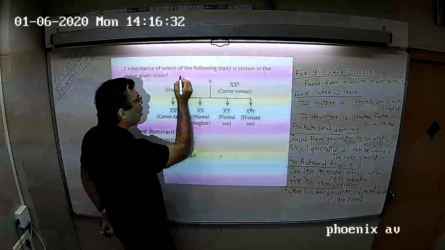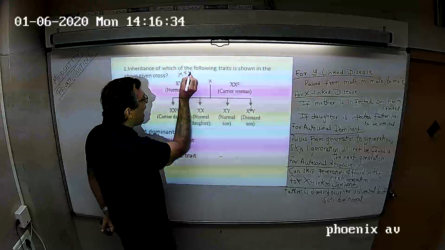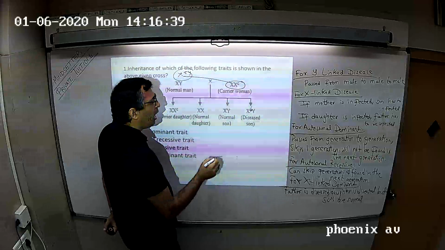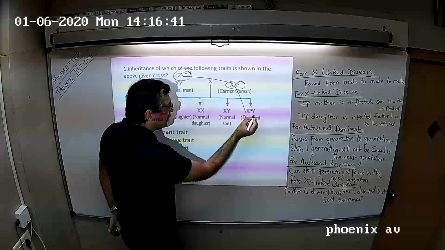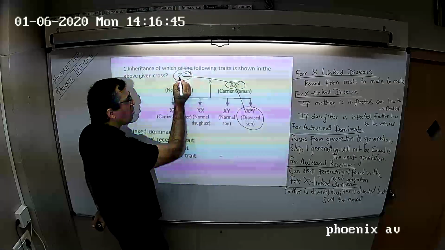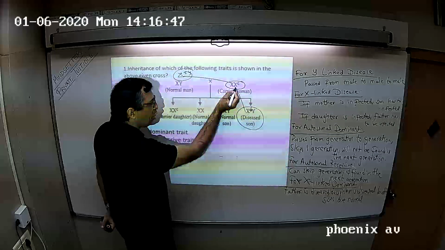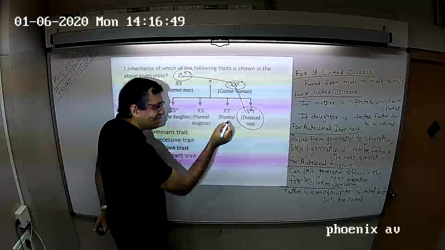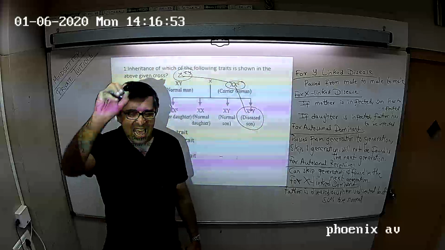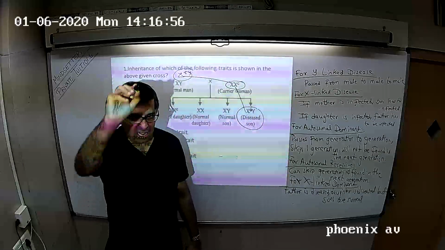Where has the disease gone from? From color blind father to carrier daughter, and from carrier daughter to color blind grandson.